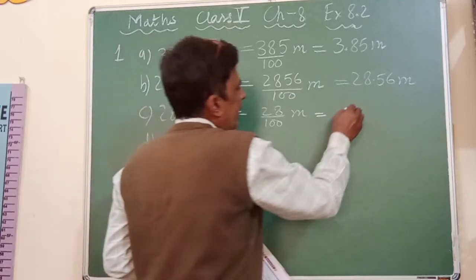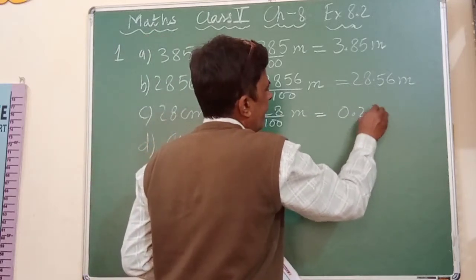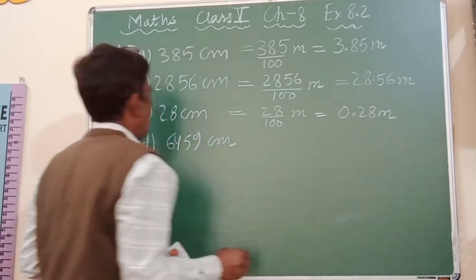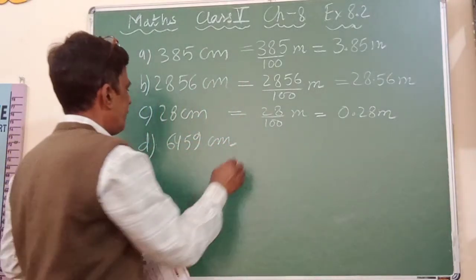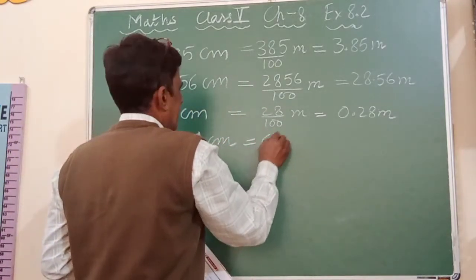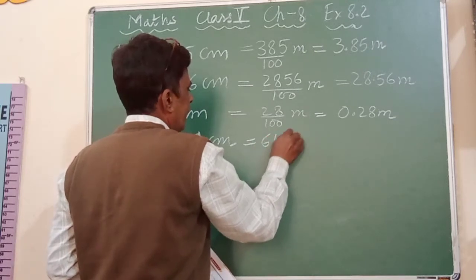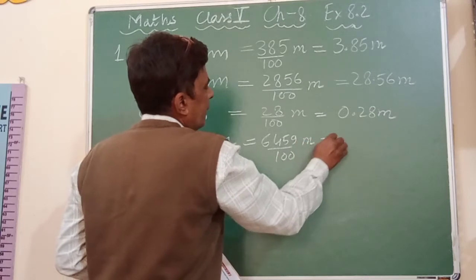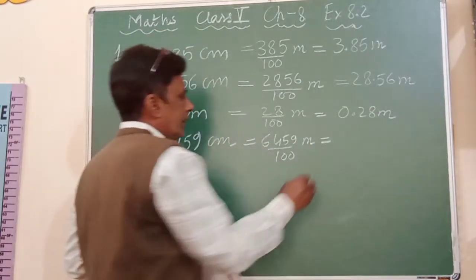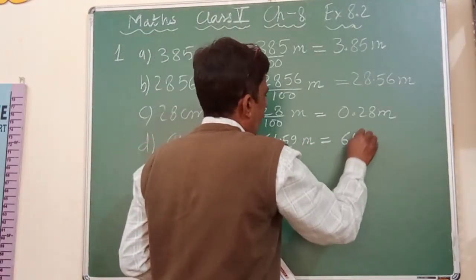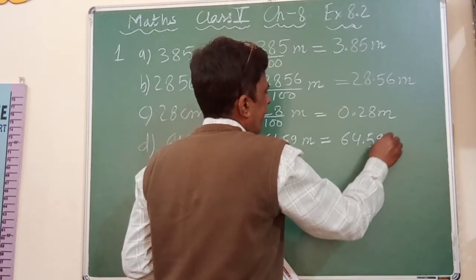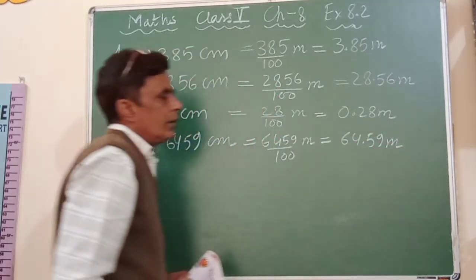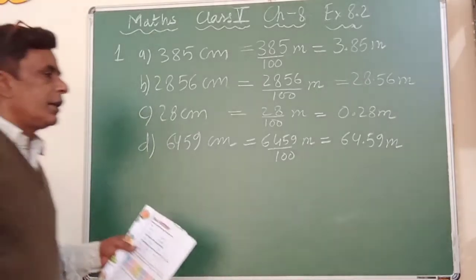So it will be 0.28 meter. And in the last part, we have 6459 upon 100. Now this quantity is in meter. 64.59 meter. So the first question is over.